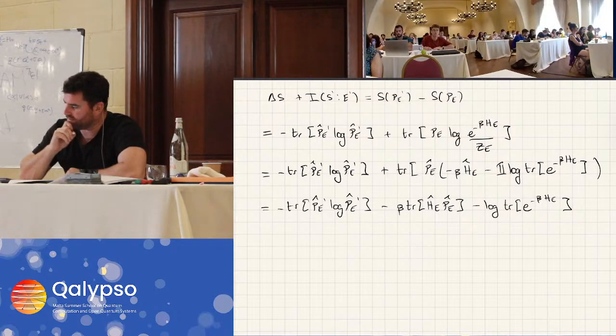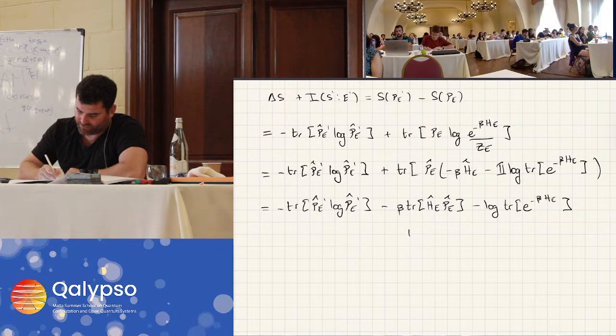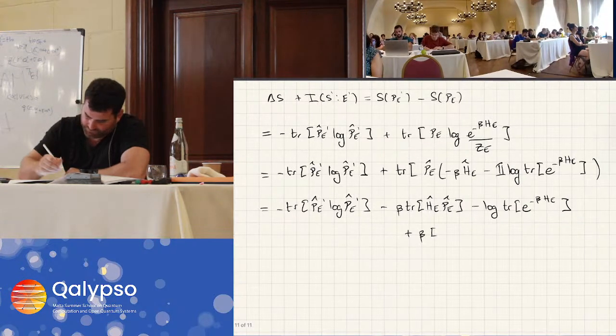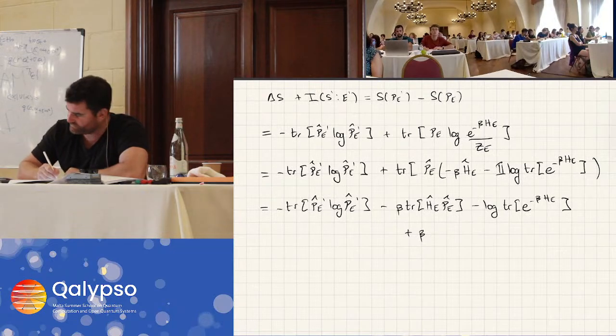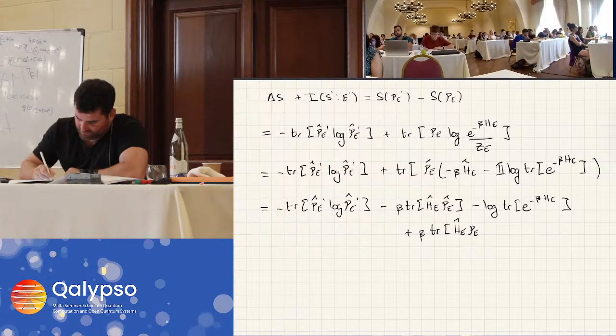And now I'm going to add and subtract the following terms: minus beta, sorry, so add and subtract the following terms, trace of H_E rho_E prime minus beta trace of H_E rho_E prime. Right?